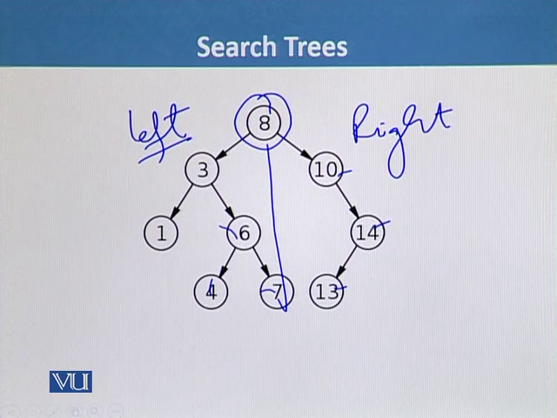Both conditions are fulfilled, so this is a search tree, and we can use certain algorithms to find the specific location of a certain integer and identify that integer very easily.